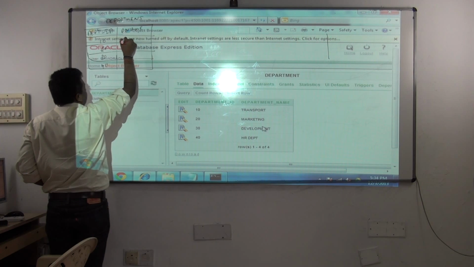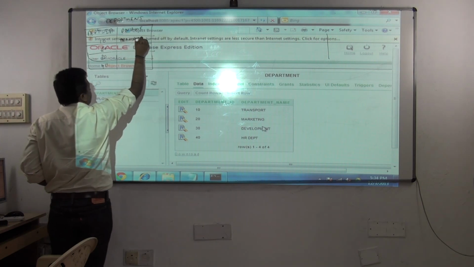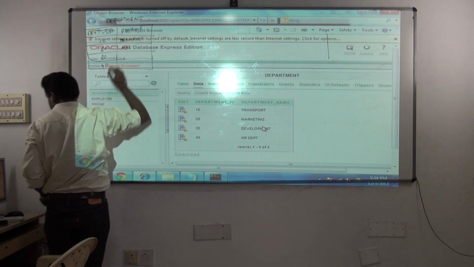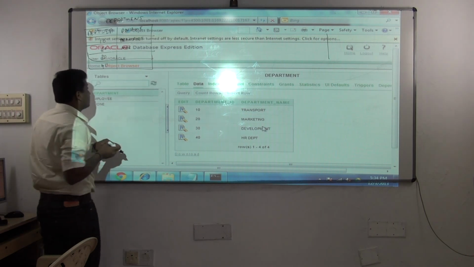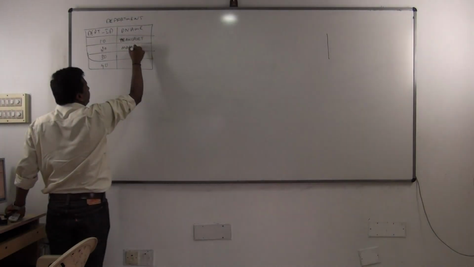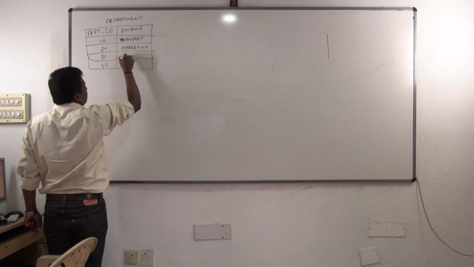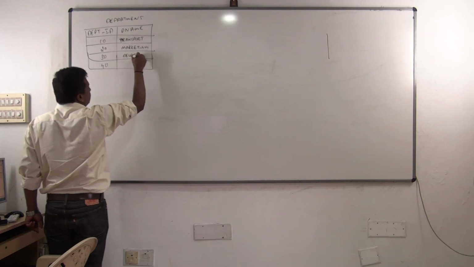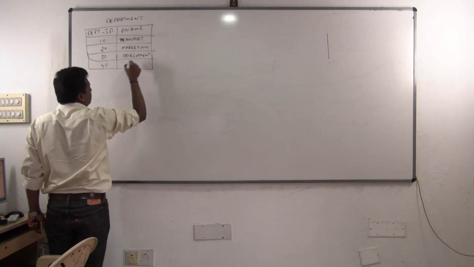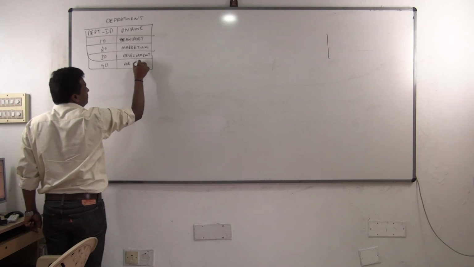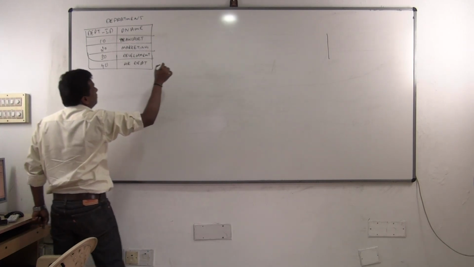First one is transport, marketing, development. Last one is the HR department. So these records are already there.